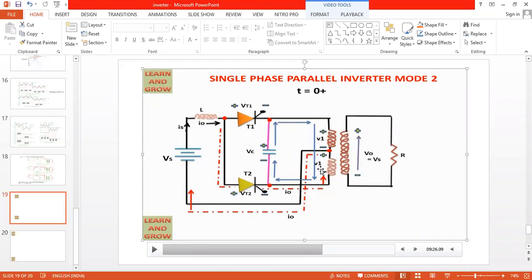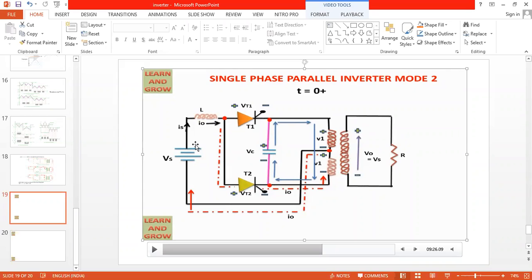Again, due to the mutual induction process, the voltage induced across the lower winding links with the secondary winding. As a result, current flows through the load. So what is mode 2? In mode 2, T2 is on.